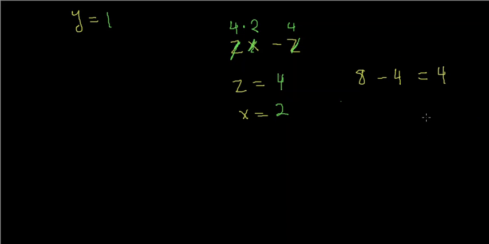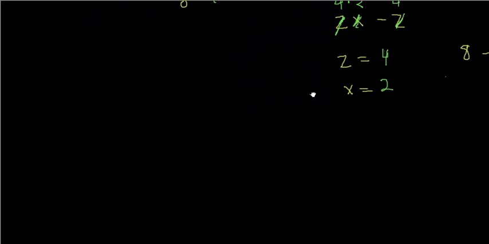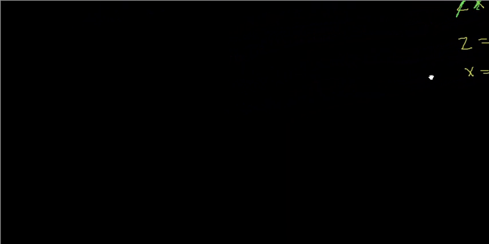Now let's do one last example. And we're really going to emphasize the order of operations here. Now I'm going to try and incorporate as much as possible. Let's bring in x, y, and z.